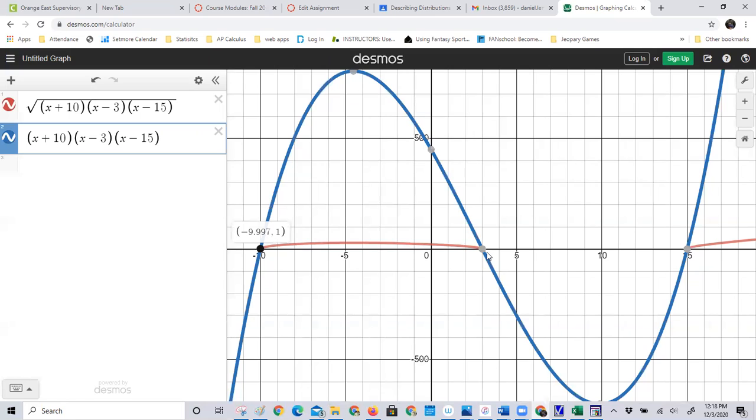And the same thing's happening between 3 and 15, where the y values are negative. We can't take the square root of that. And beyond 15, the polynomial is positive. So if you were a little confused about the analytical thing, how I knew those were positive or negative, it wouldn't be a bad thing for you to be able to do, especially if you're thinking about calculus.